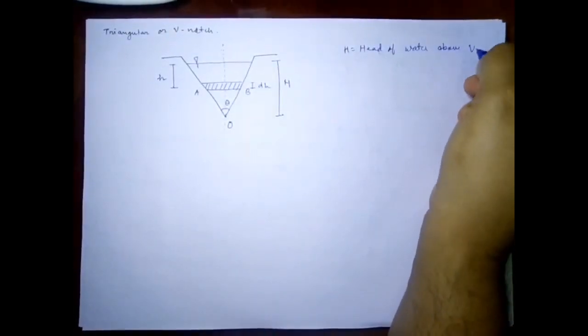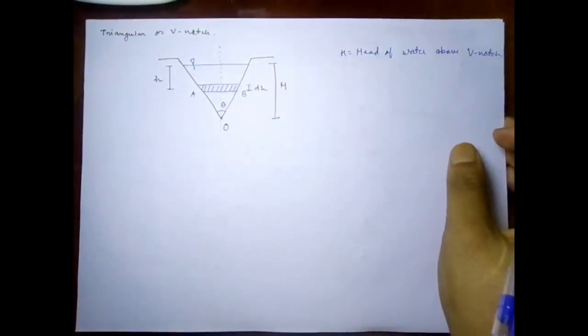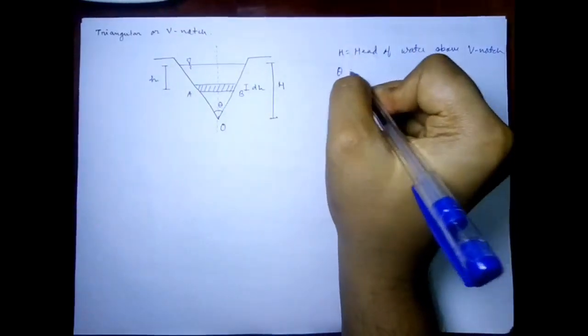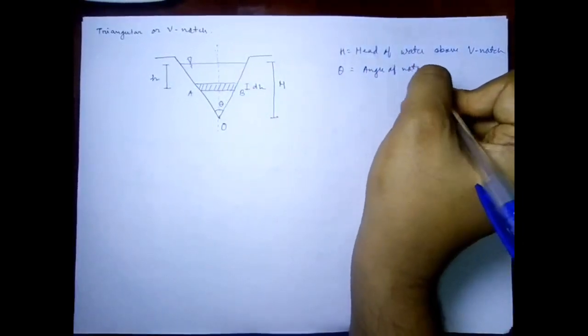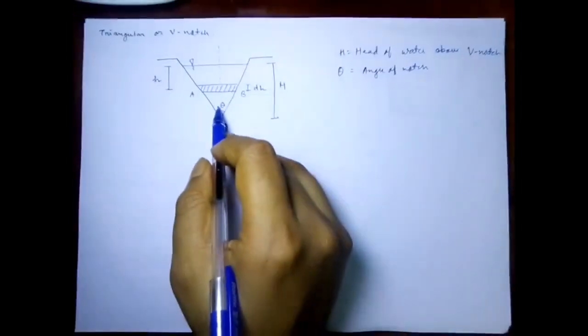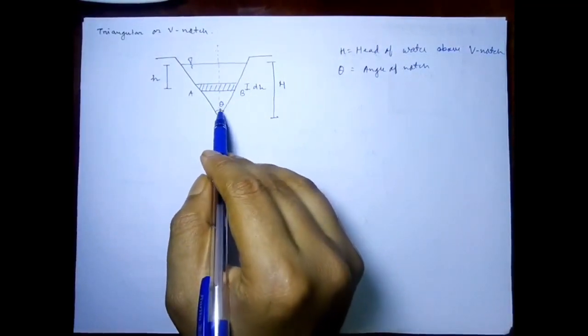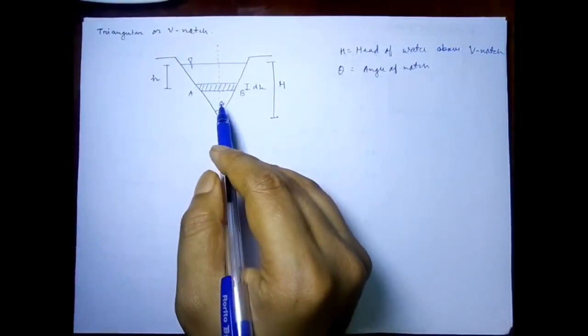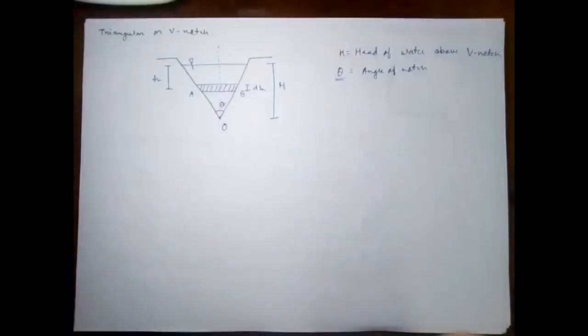Now let theta be the angle of the notch. Theta is available in various angles like 45, 60, 75. So V notches are available in various angles, and we are taking it as an arbitrary value.